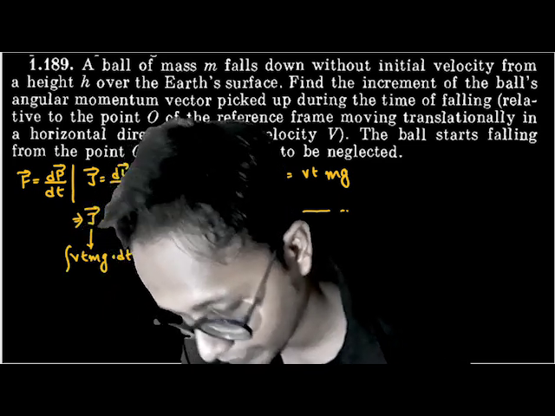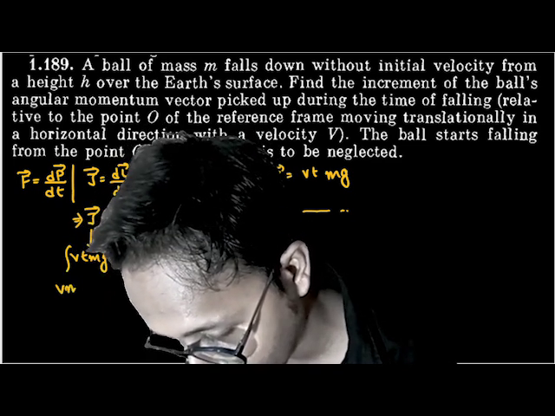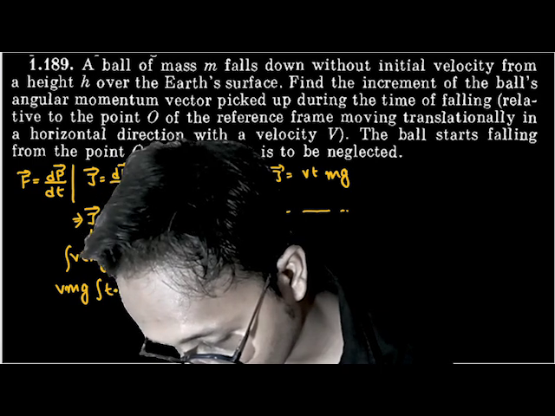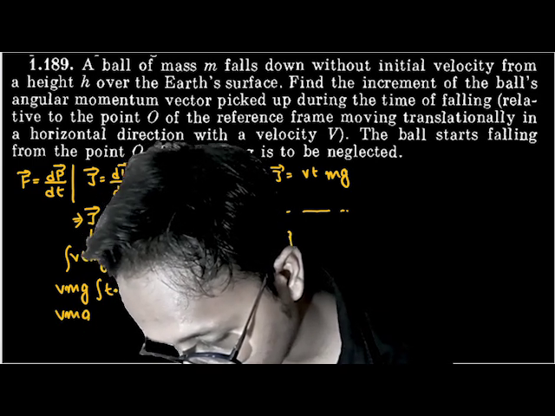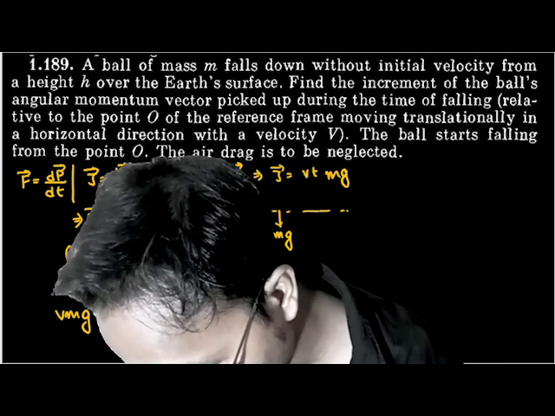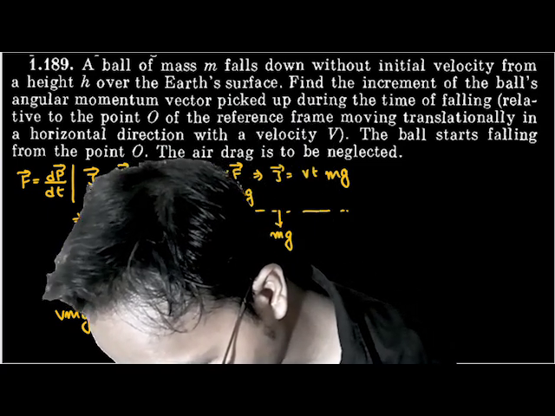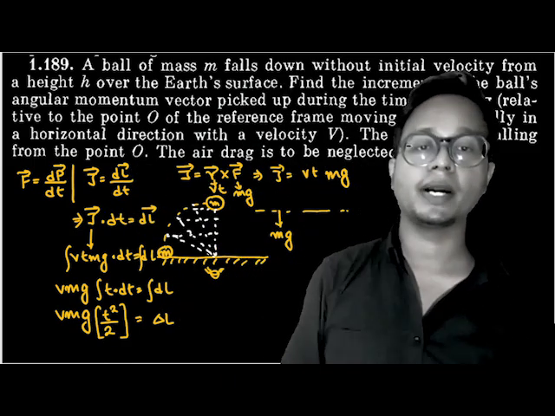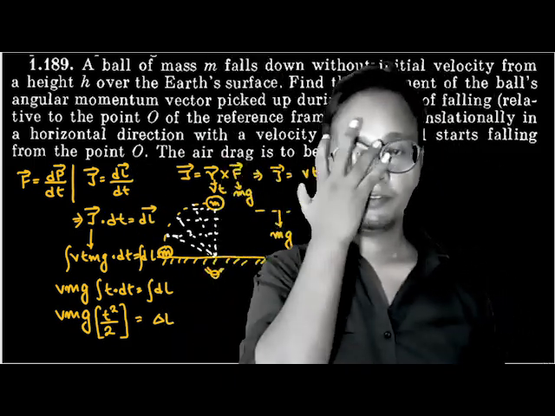If I integrate, v, m and g are constant. The integral of t dt is t square by 2, equal to the change in angular momentum, final angular momentum minus initial angular momentum. Fair and fine.